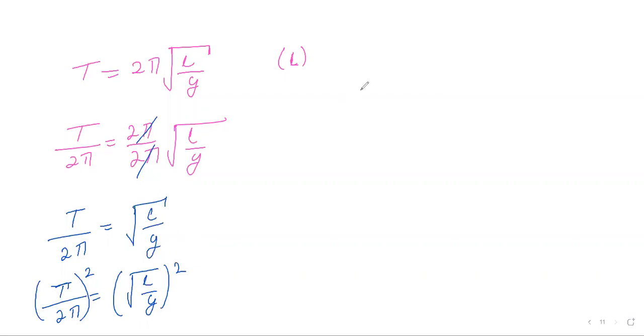So I'll put brackets: T over 2 pi, all squared, is equal to the square root of L over G, squared. The square cancels the square root. Be careful with this one now. We get (T over 2 pi) squared is equal to L over G. We follow through so far?